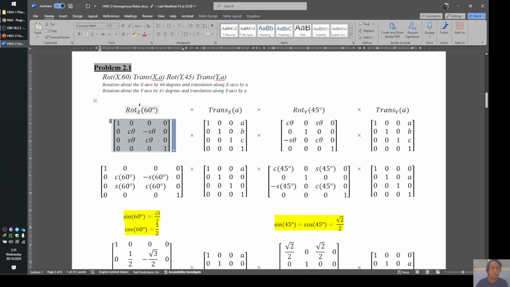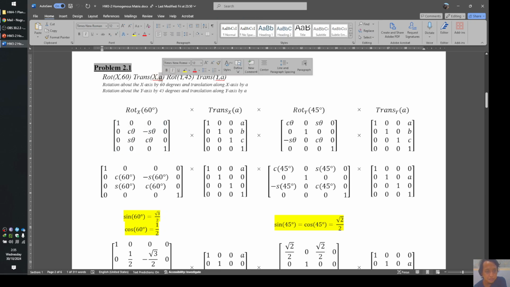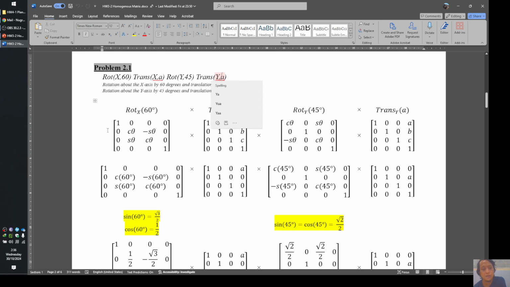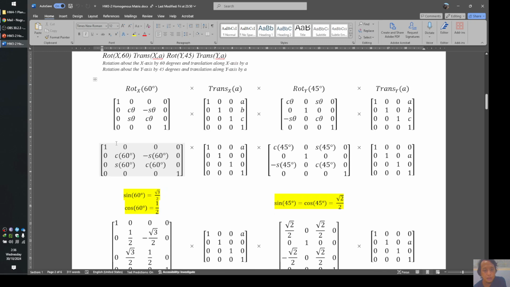The first one is rotation about the x-axis by 60 degrees and translation along the x-axis by a. The second is rotation about the y-axis by 45 degrees and translation along the y-axis by a. A is a constant, so we just keep it as a variable.